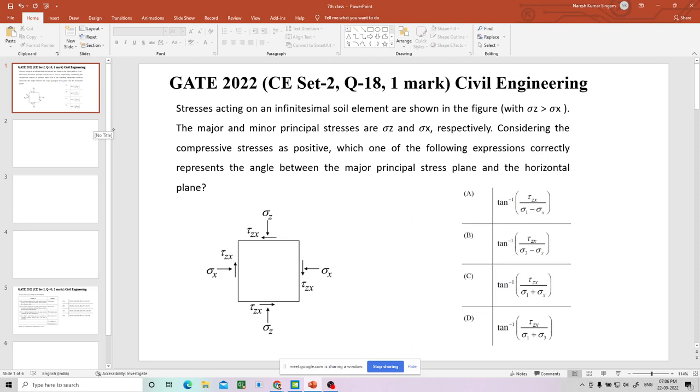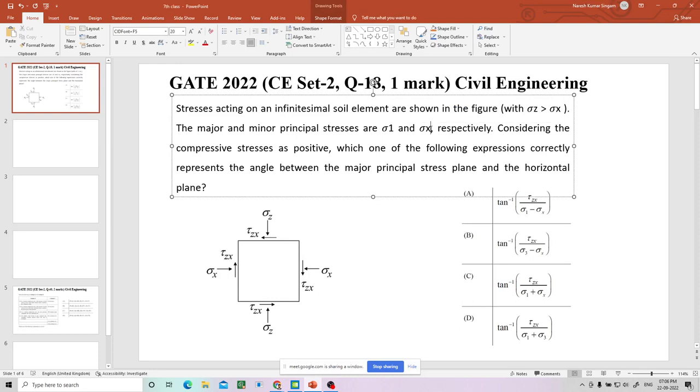Sorry, this is not sigma z and sigma x, let me correct, this is sigma 1 and sigma 3. The major and minor principal stresses are sigma 1 and sigma 3 respectively. Considering the compressive stresses as positive, which one of the following expressions correctly represents the angle between the major principal stress plane and the horizontal plane?